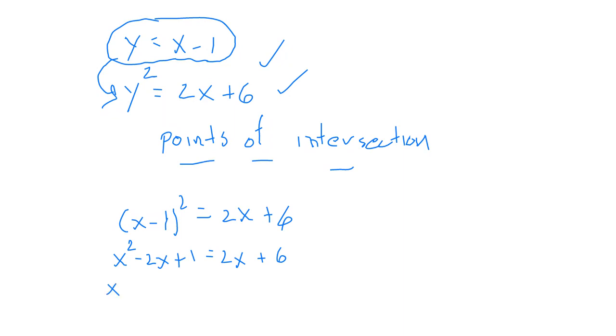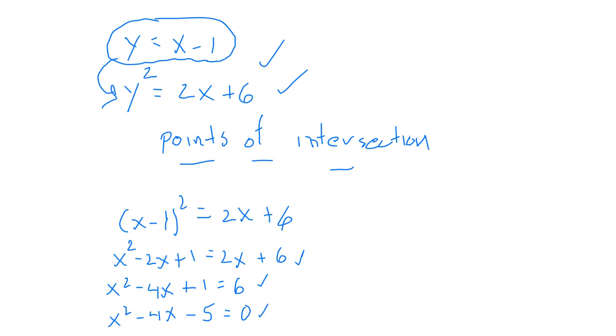And I'll have x squared minus 4x plus 1 equals 6. And then x squared minus 4x minus 5 equals 0. On this step, I added 2x to both sides of the equation.